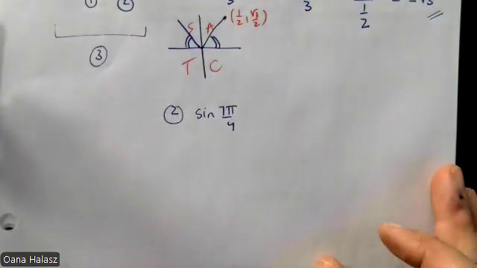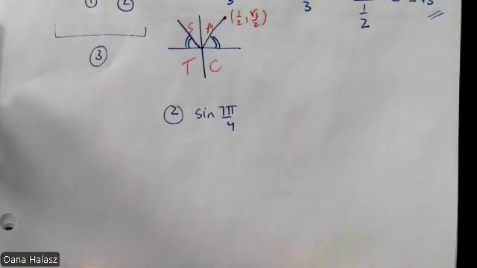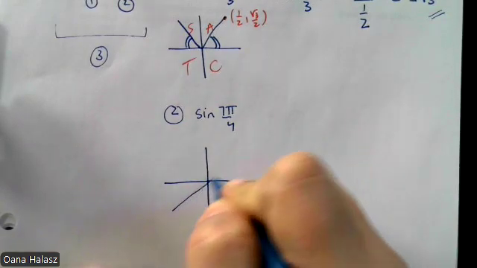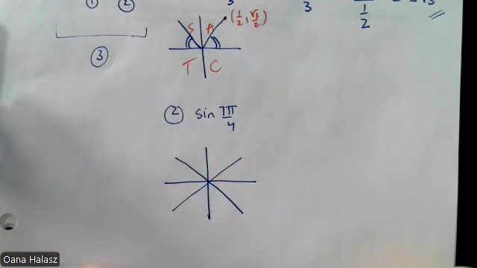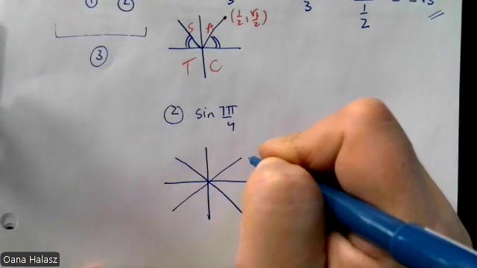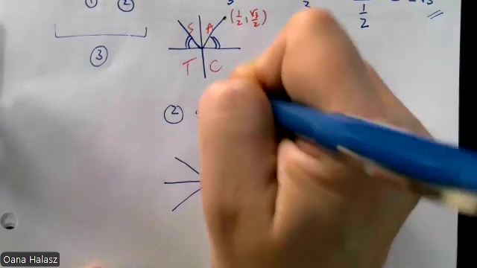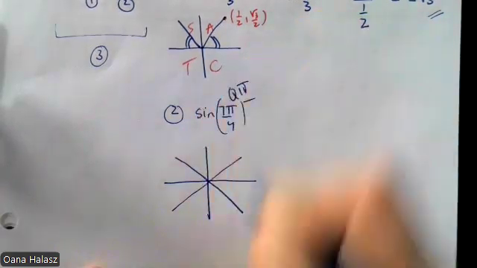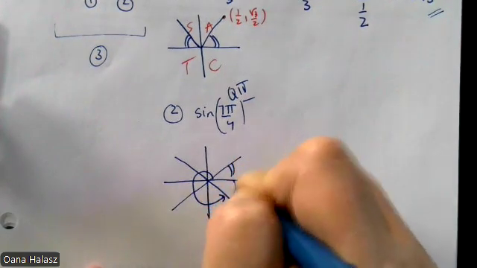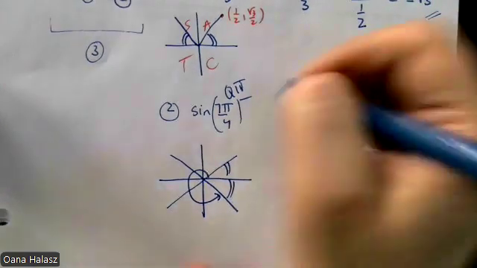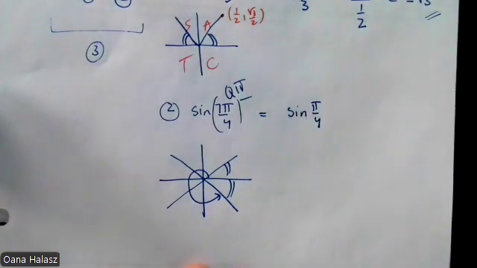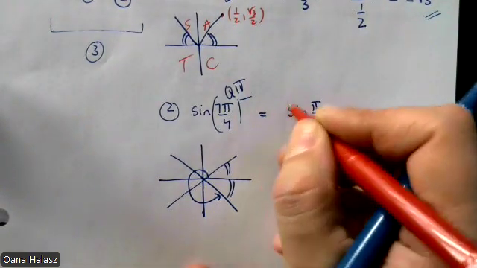Second step is sine of 7 pi over 4. 7 pi over 4, family of angles of pi over 4. Which quadrant? Quadrant 4 right here, that's the angle, that's it. We use the one in this one. So it's going to equal sine of pi over 4, positive or negative?